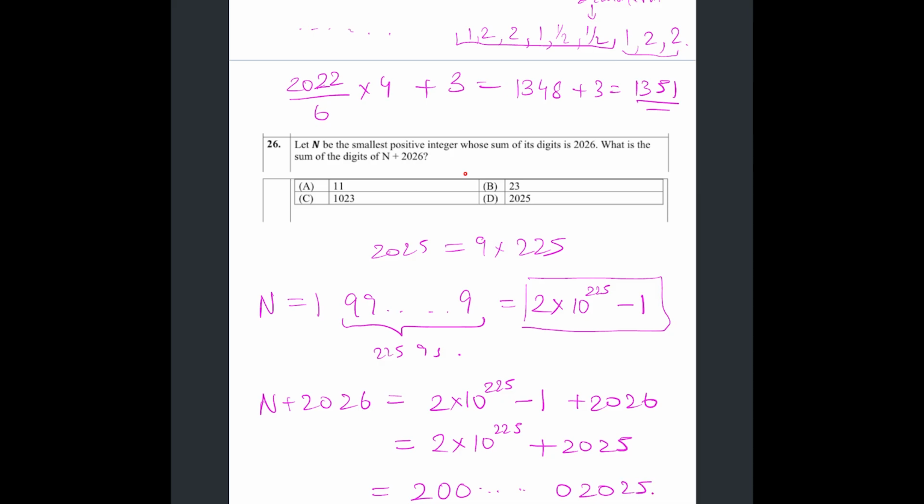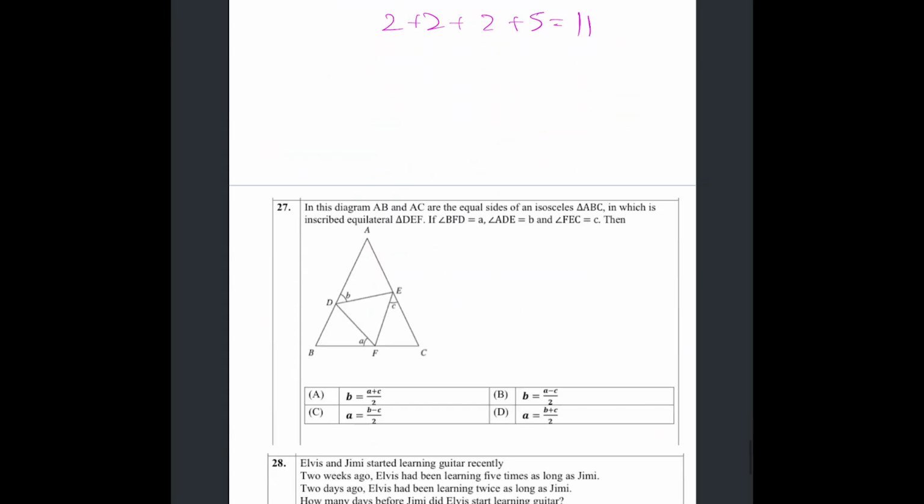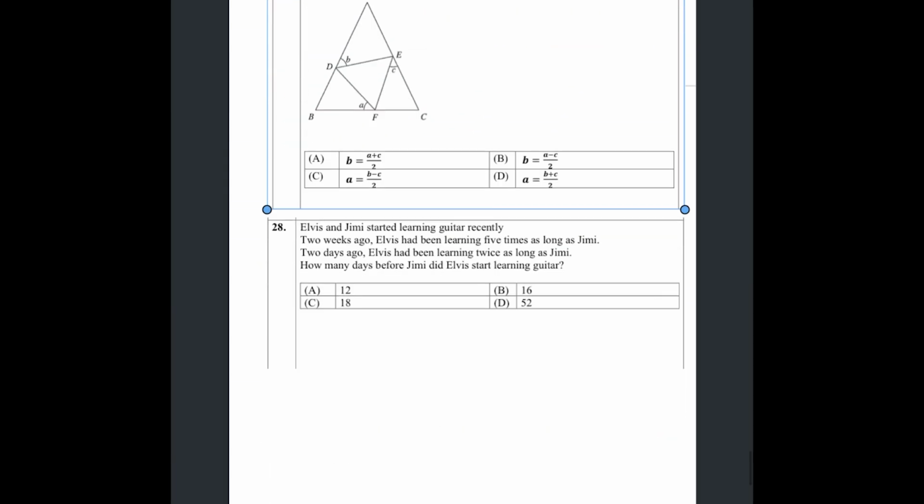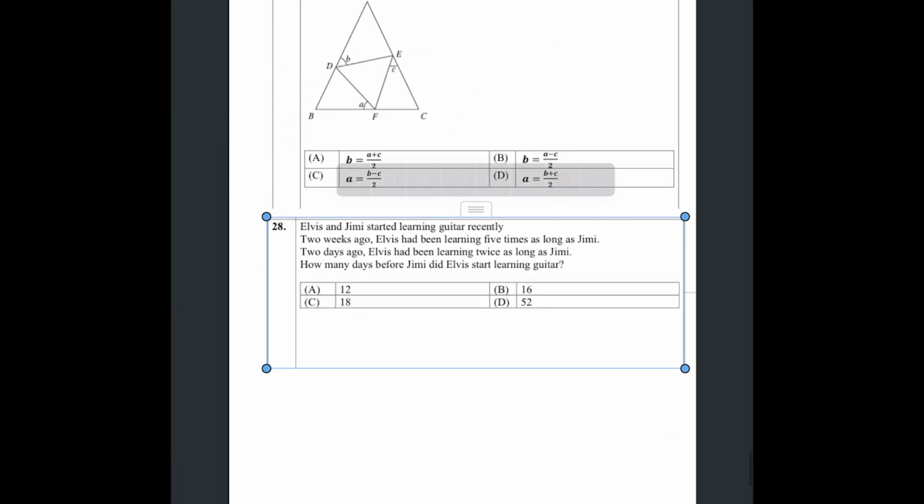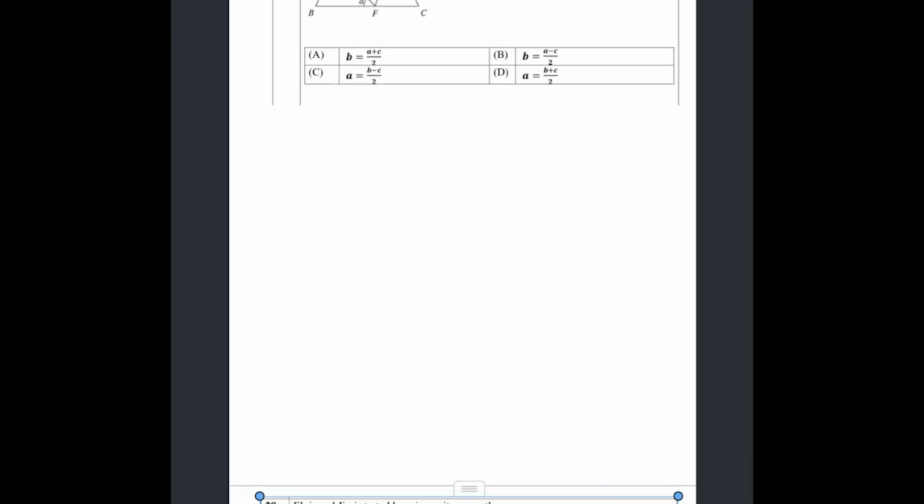So the sum of the digits of this number is 2 plus 2 plus 2 plus 5, which is 11, right? Okay, let's move on to the 27th question.